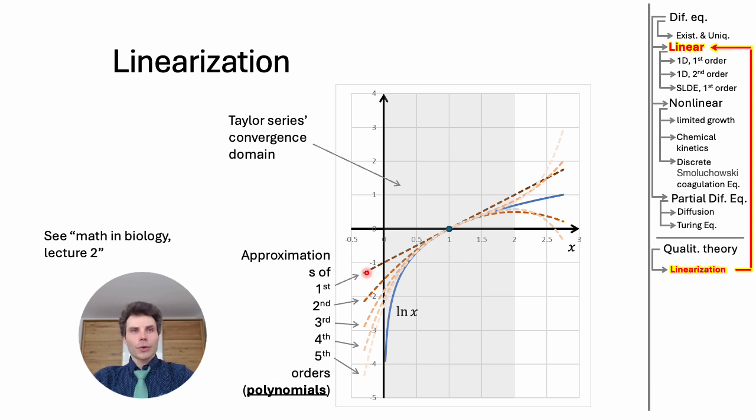We can approximate the blue function here, which is logarithm of x in this case, using just the linear tangent line. We can approximate it better using a parabolic, quadratic tangent line, or a cubic tangent line, namely the tangent line of the order 3, 4, 5, and so on.